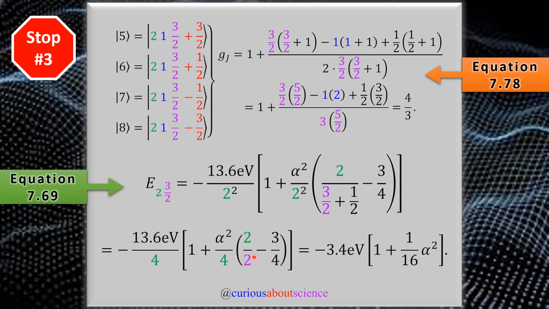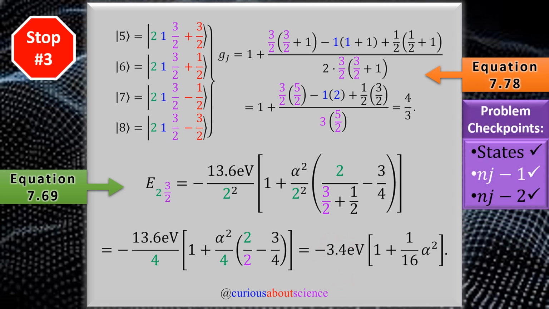Make this a common denominator, you get 4 over 4, so then 4 minus 3 gives us 1. 1/4 times 4 gives us the 16 that we see here. And then, of course, 13.6 divided by 4 simplifies to 3.4. No big deal. So that gives us the fine structure contribution for the nj set level.